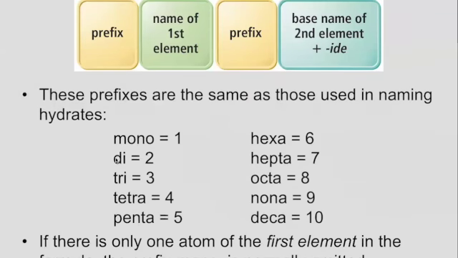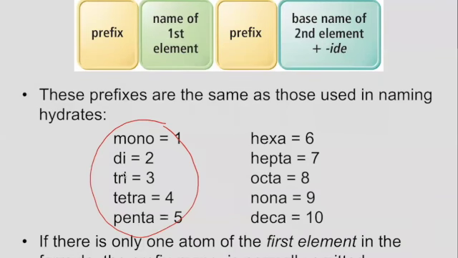Then you name the first element, then you add the prefix for the second element, and then you take the base and end it in -ide. So we'll give you some examples, but first, know your prefixes. Mono means one, di means two, tri means three, tetra, four, and so on. So make sure you recall those prefixes because you're going to be using them a lot.